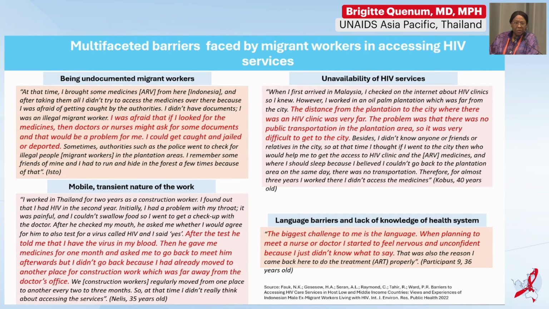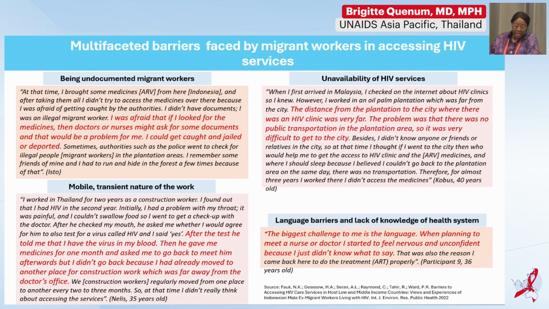Here, no need to read all the text. I know it's a busy slide, but it's really to illustrate another example of multifaceted barriers faced by migrant workers in accessing HIV services.